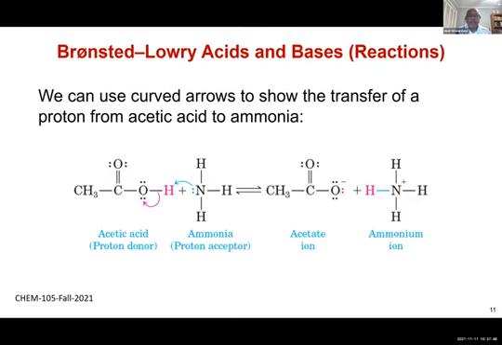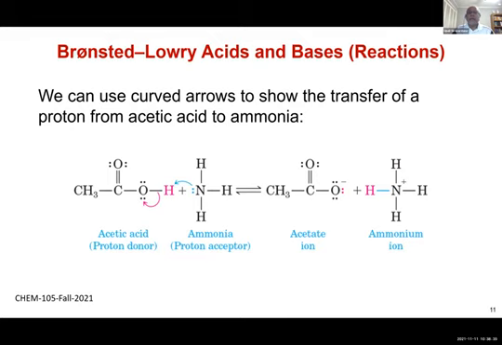The hydrogen, or proton, breaks off, and the proton gets attracted to the lone pair of electrons on the ammonia. So that's how you explain Bronsted-Lowry acid-base, acid and conjugate base, conjugate acid pairs.